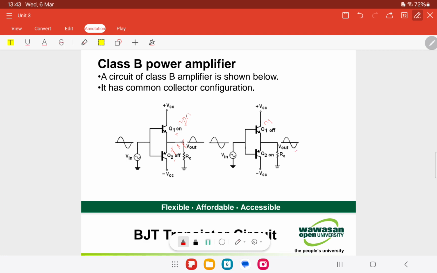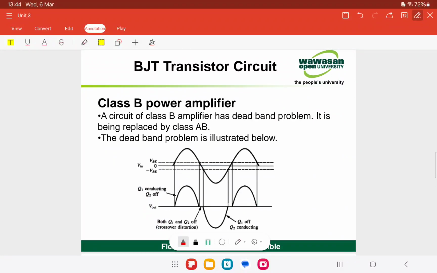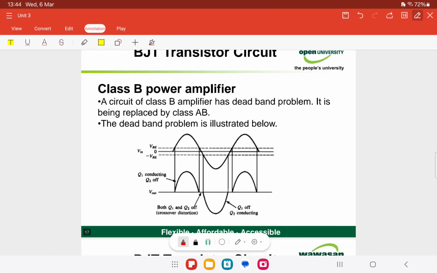When there is no DC bias for the amplifier circuit, the positive cycle of the input signal needs to exceed VBE of the NPN before conduction can occur. Likewise, the voltage of the negative input cycle needs to be less than minus VBE before the PNP would conduct.